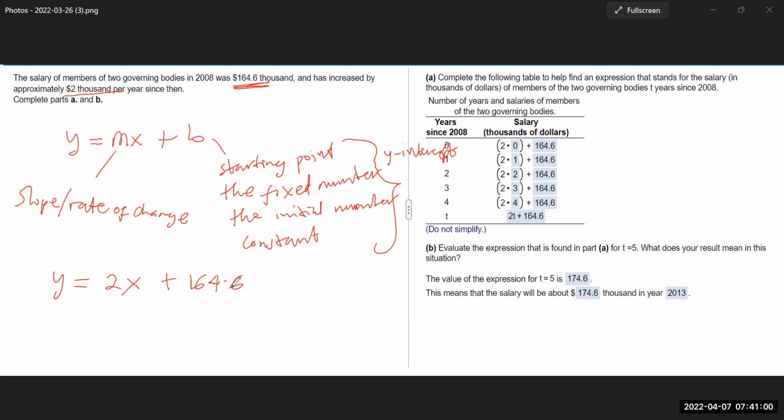So now that you have this equation, you can come to this side of the table and work on the problem. You're going to use this equation to complete the table. Years since 2008: since 2008 is the starting year, that takes the value 0. So you plug in 0 for your x.